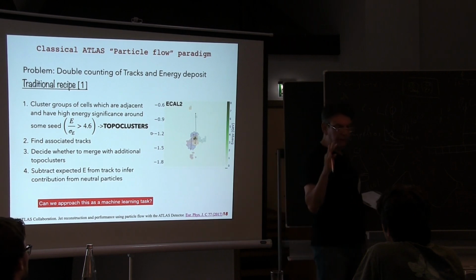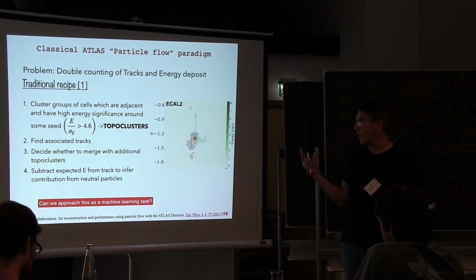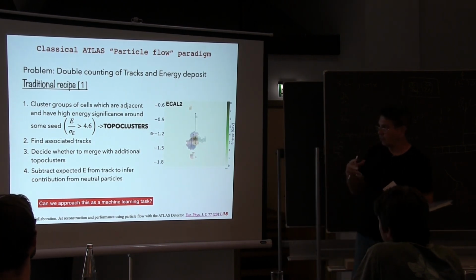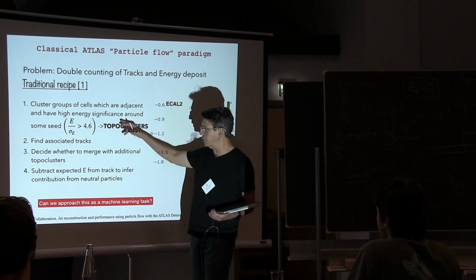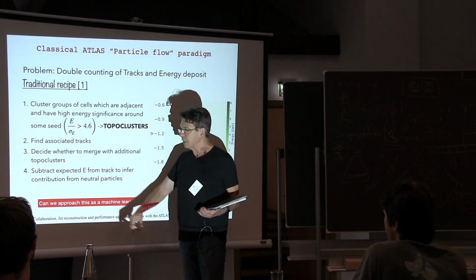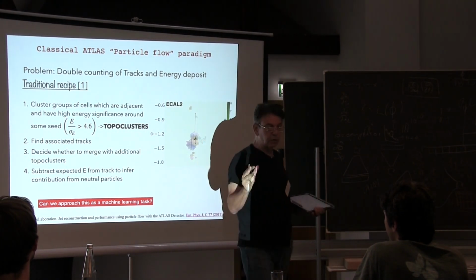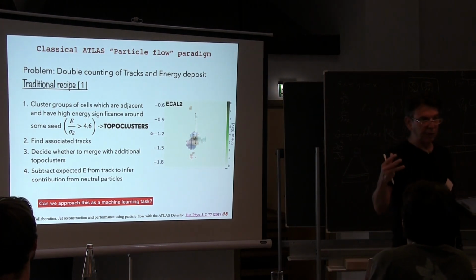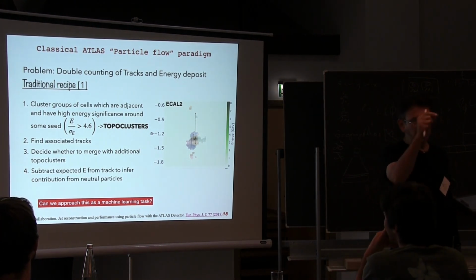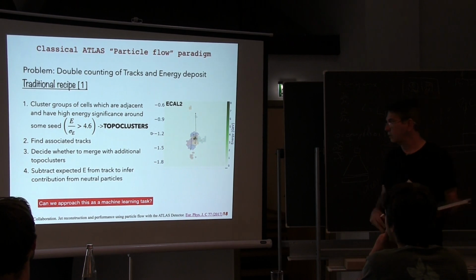So to make your life a little bit easier, you cluster the cells which are adjacent and which have high energy significance around some seeds into something we call topoclusters. These are not particles usually, but we build particles from the topoclusters. We don't lose anything, we just cluster the cells.